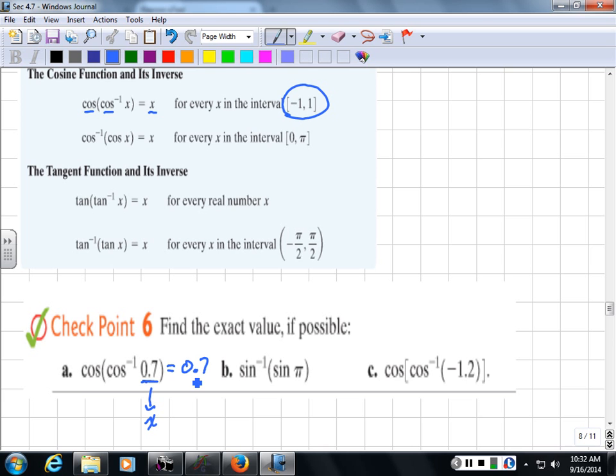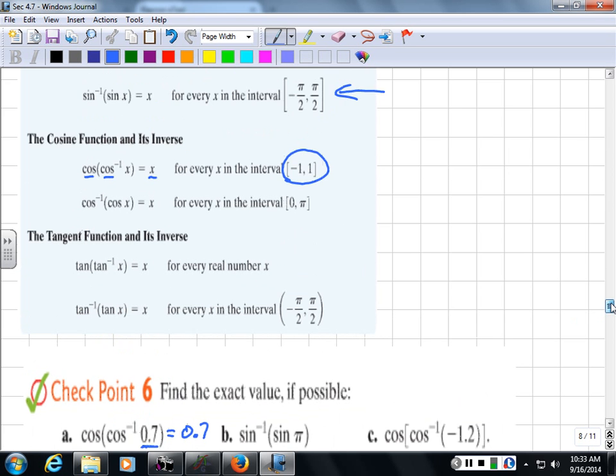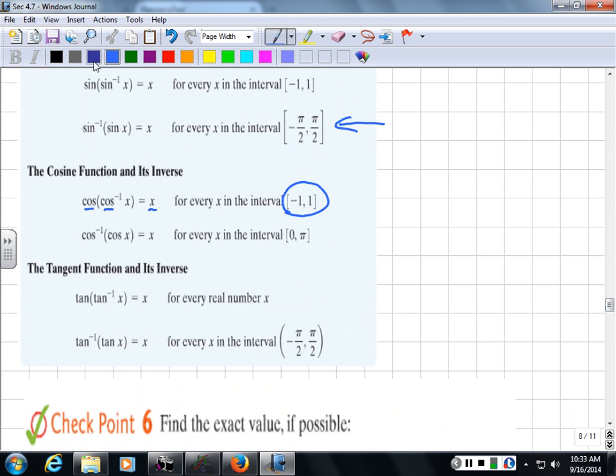Okay? Now let's look at the next one, the inverse sine of the sine of pi. Let me scroll back up a little bit, because when we look at this one, we're looking at the fact that my interval goes from negative pi over 2 to pi over 2.